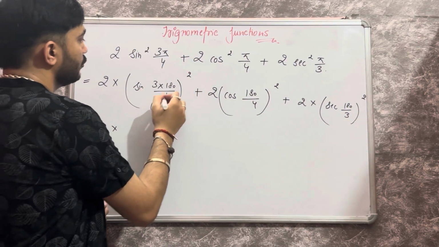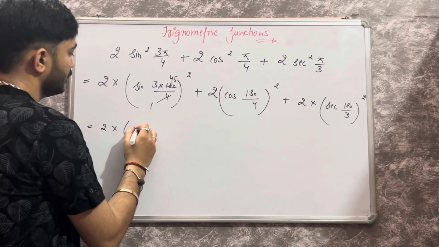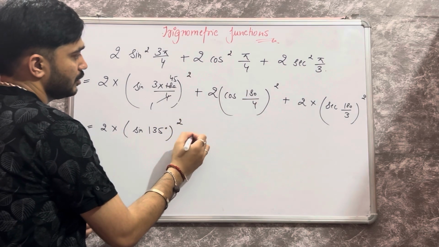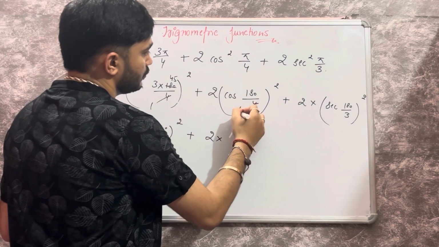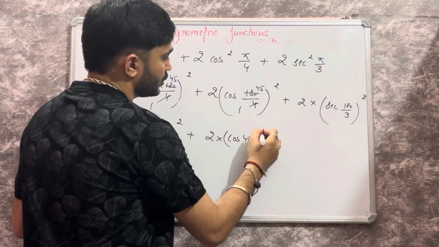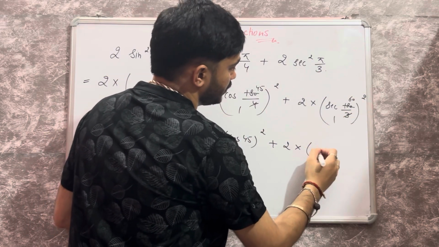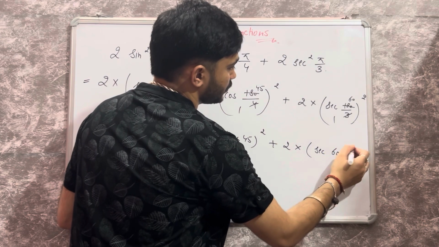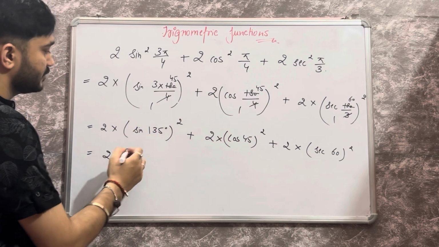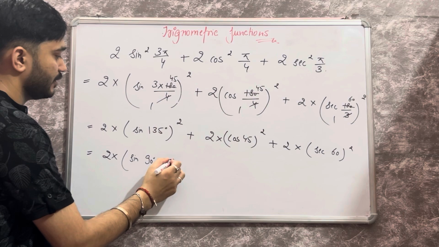That is 2 sin 135 degree square plus 2 cos 45 degree square plus 2 sec 60 square. 2 into sin 135, that is sin of 90 degree plus 45 degree square.